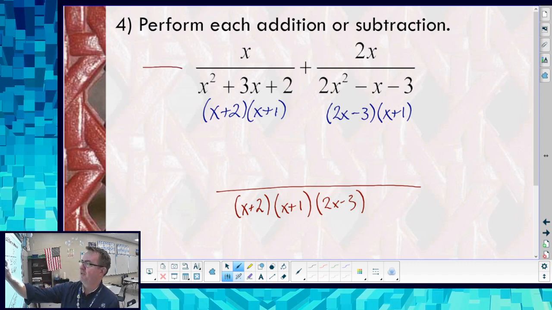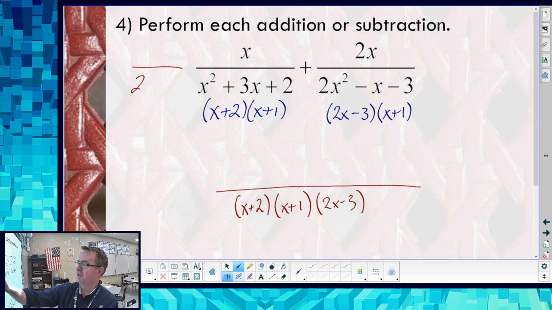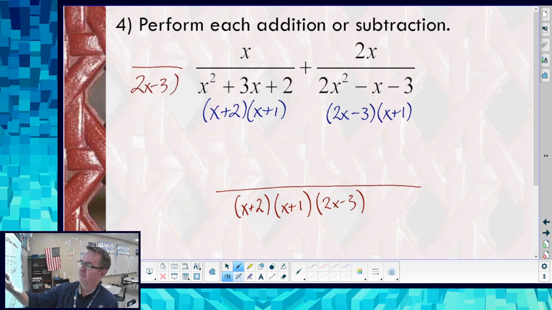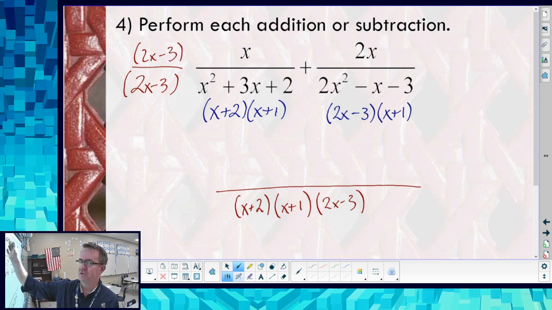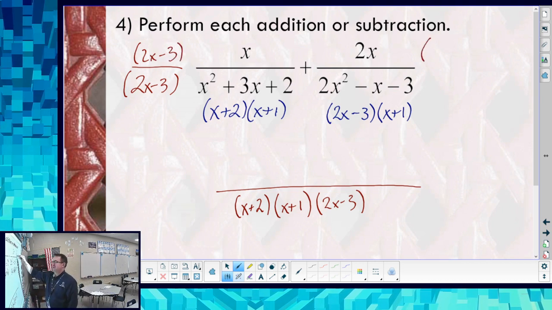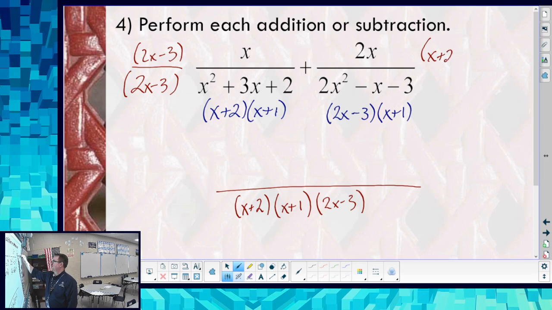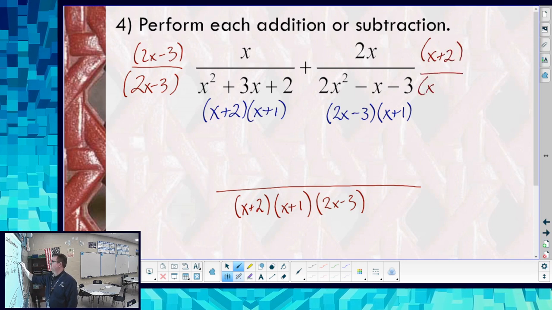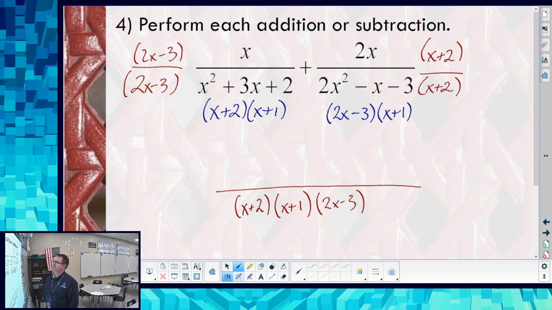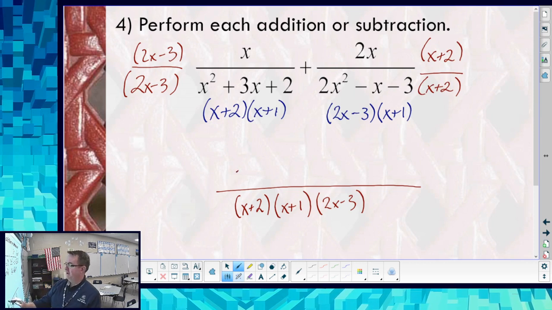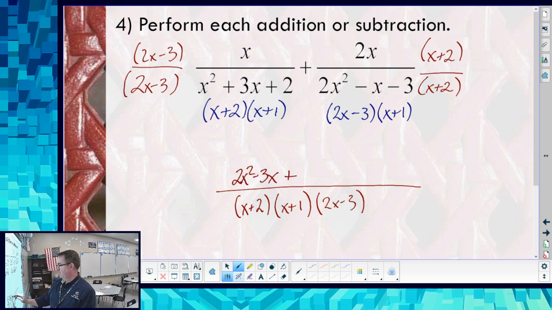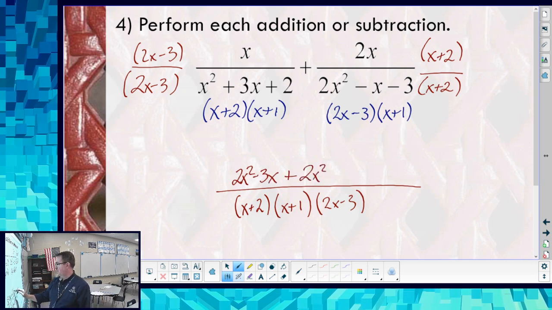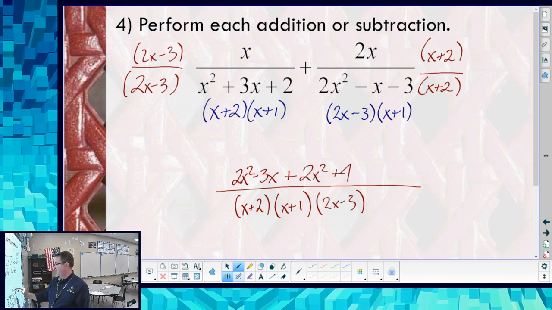So in the top, this one is missing my 2x minus 3. I tend to write this always in parentheses to make sure that I distribute things correctly. This one's missing the x plus 2. So then from there, I've got 2x squared minus 3x plus 2x squared plus 4x.